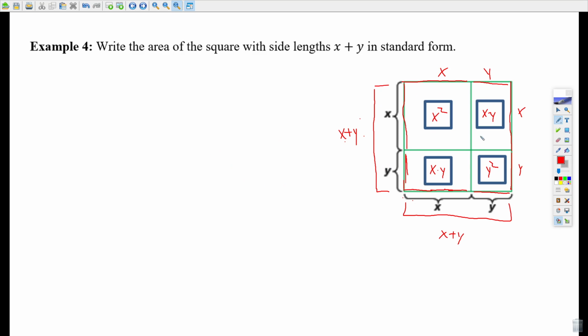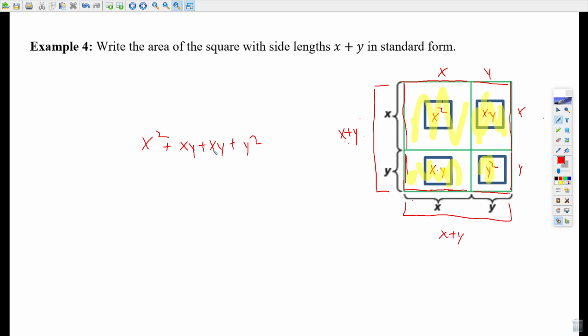So if I wanted to find the area of all of this put together, x plus y times another x plus y, we would say that this is x squared. Just add them all together. We have this block plus this block plus this block. All four of these combined would give you the area of the entire square. So plus, we have an xy plus another xy plus y squared.